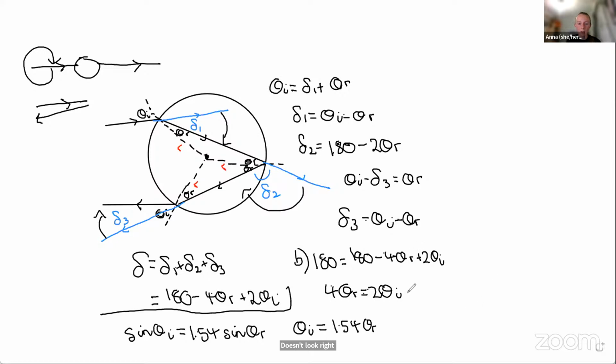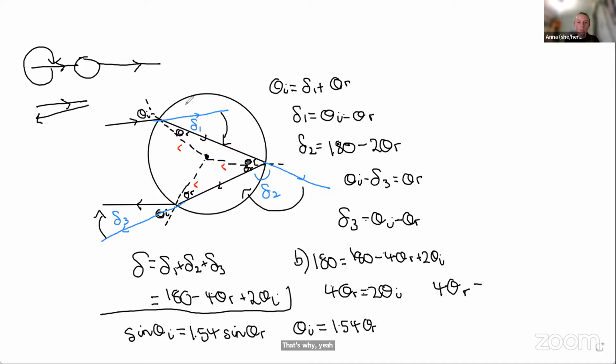So then for theta r would be 2 times 1.54, 2.08. Oh, I see. Yeah, so we're actually finding the refractive index. I'm solving for the wrong thing. That's why.